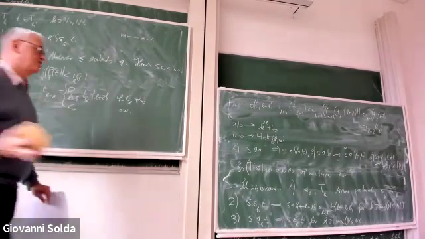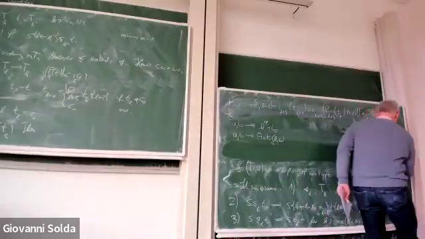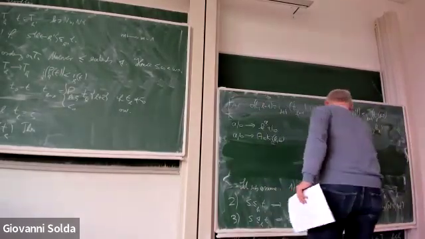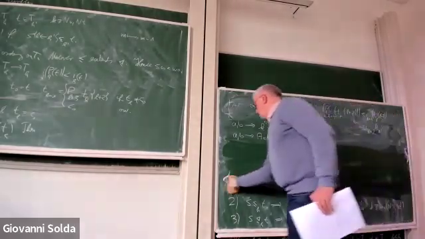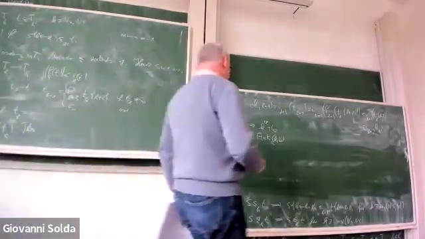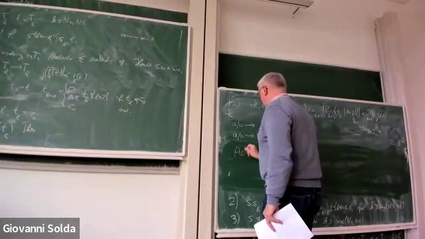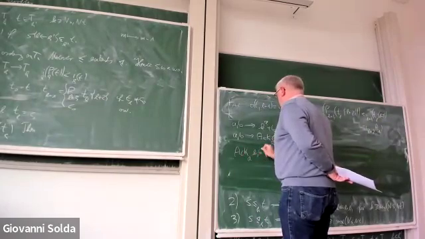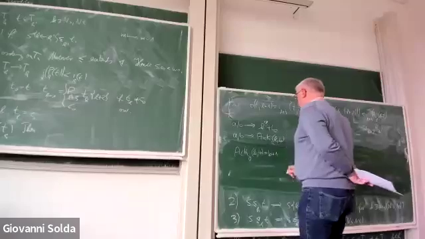Now, to recall, what is the definition of it? The Ackermann function of 0, A and B is B plus 1.